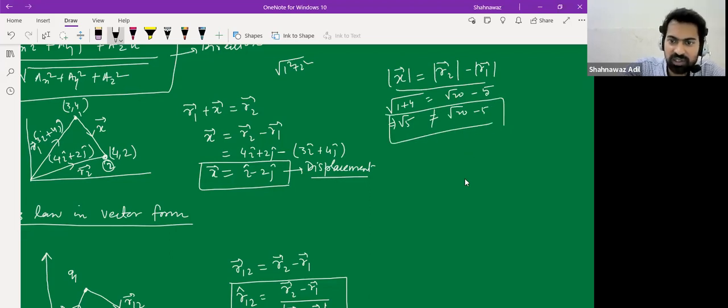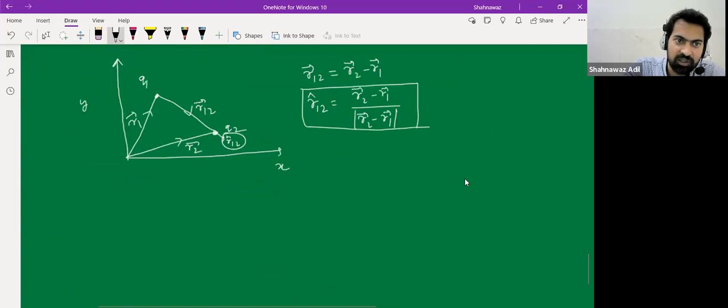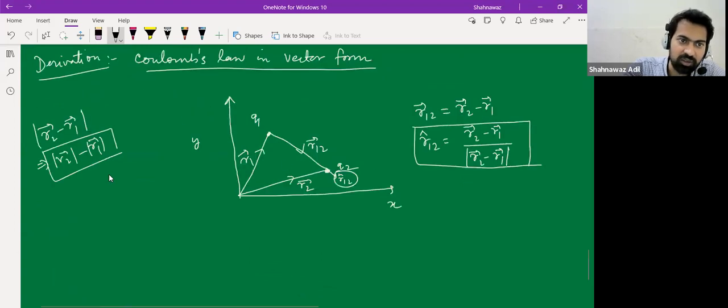This is what I was saying: this is not equal to r2 minus r1. So this is the separation vector, and we only need that separation vector.